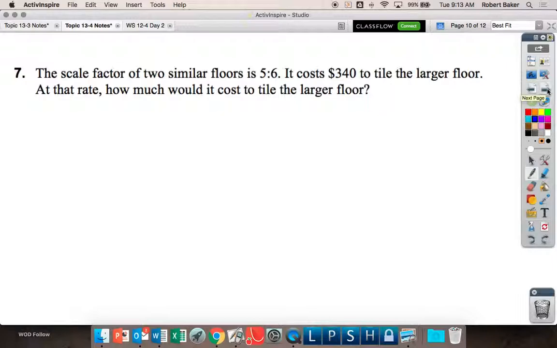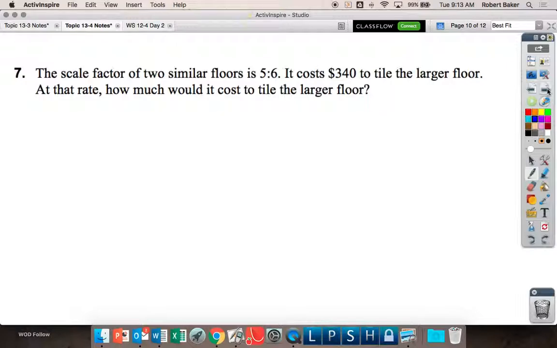All right, the scale factor of 2 similar floors is 5 to 6. It costs $340 to tile the larger floor. At that rate, how much would it cost to tile the smaller floor? What do you think?